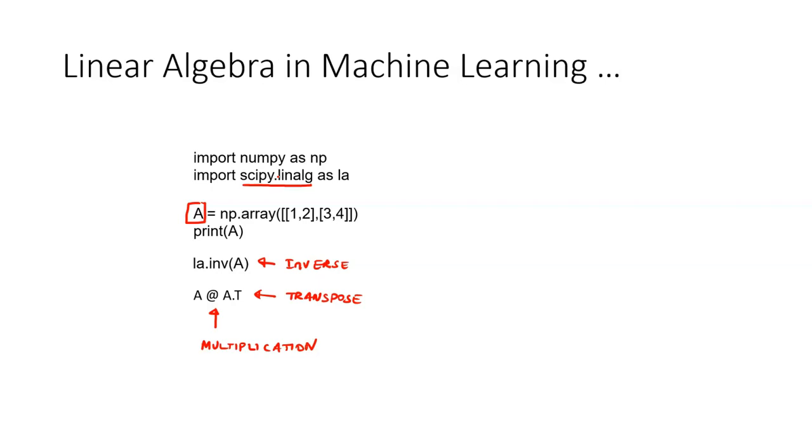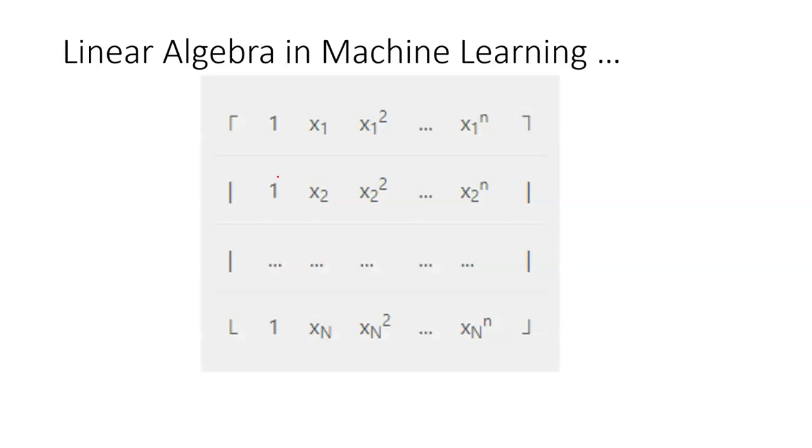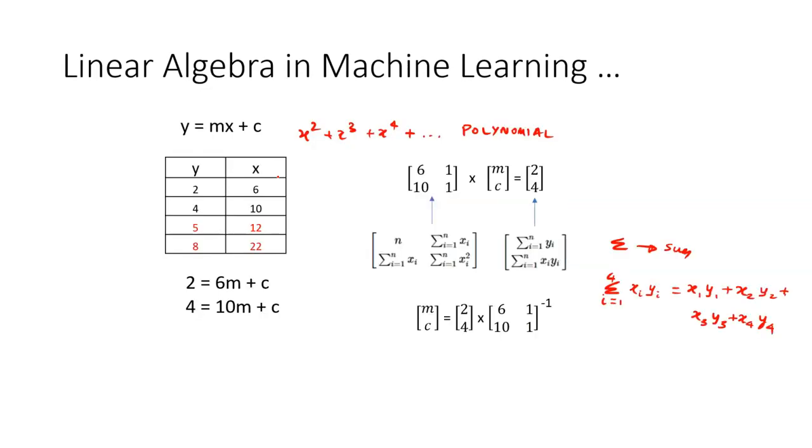So this is how you solve a linear algebra problem. As I said, our data points are expressed in the form of a matrix. It can be a simple scenario like what I explained, or it can be a polynomial equation like this, or it can be a logistic regression, or it can be a neural network. For everything, we will be using a matrix.